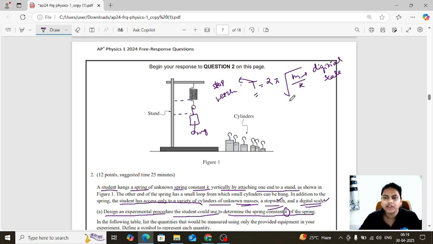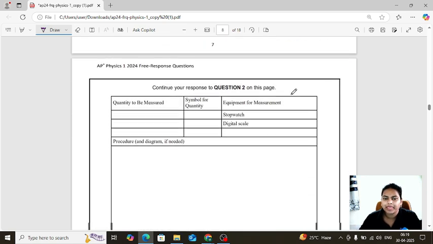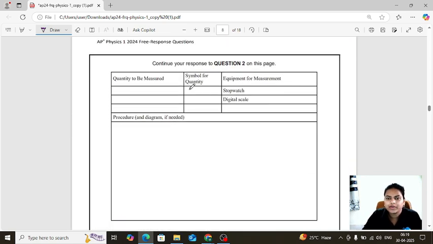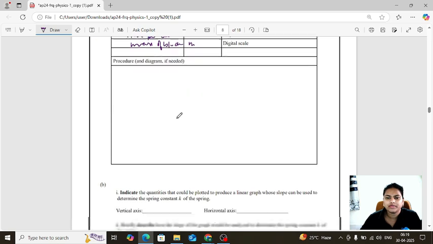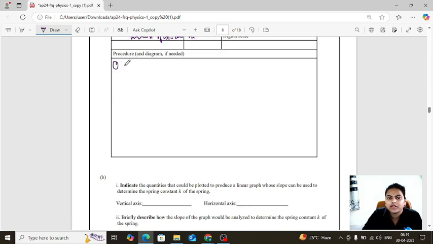So we have to write the experiment. With the help of a stopwatch it is time, and with the help of the scale it is m, the mass of the cylinder, and this is the time period. So first, measure the mass and hang it on the spring.